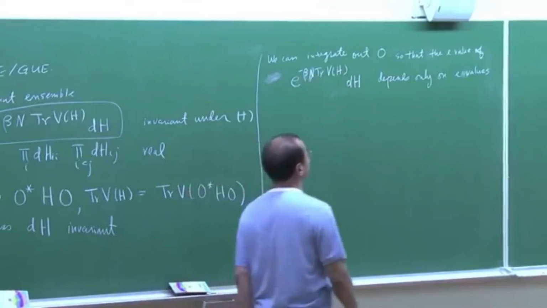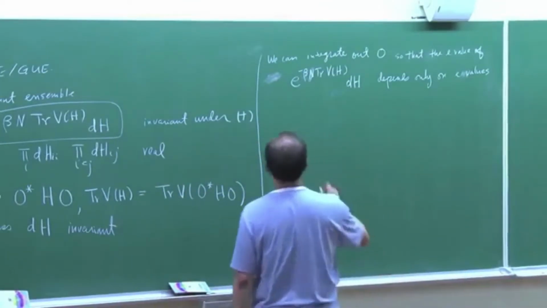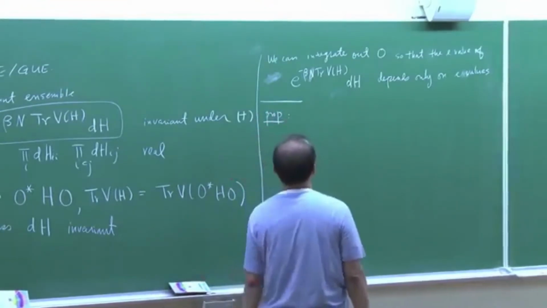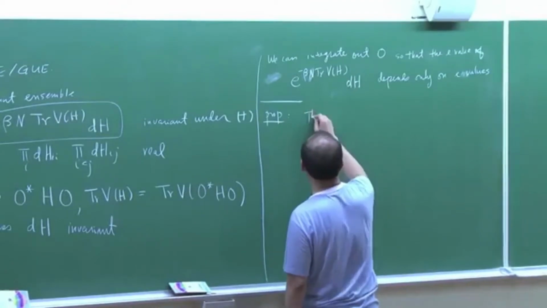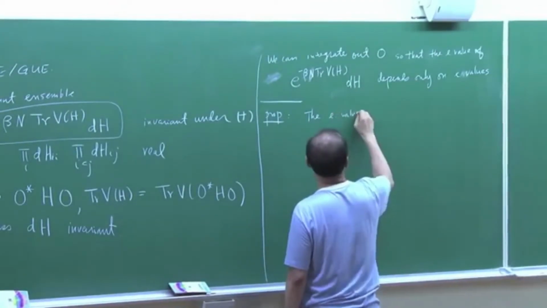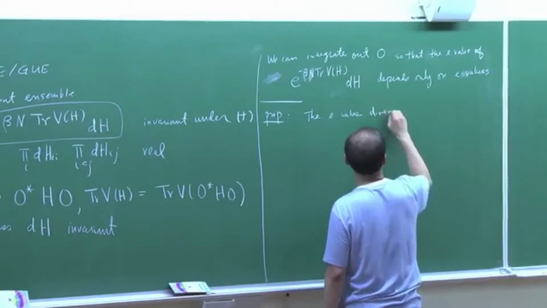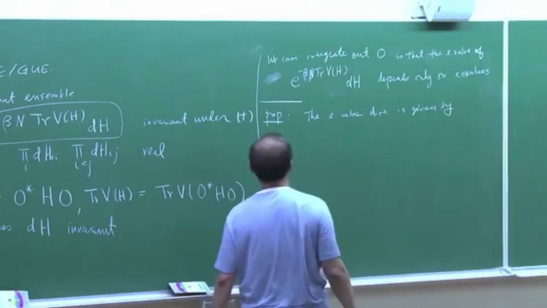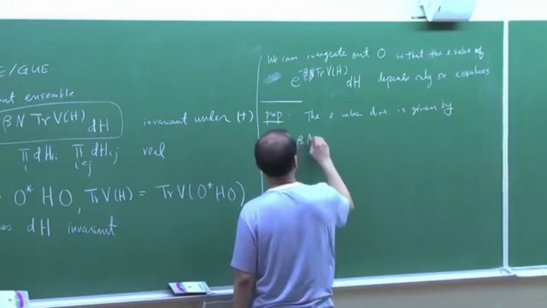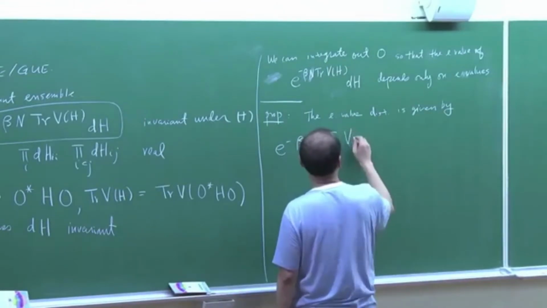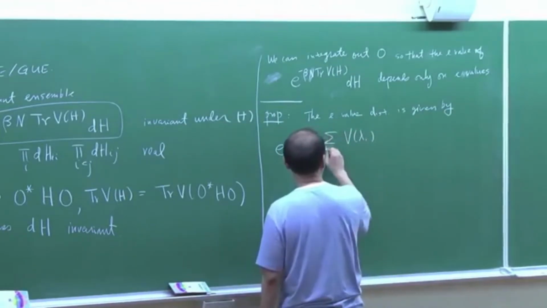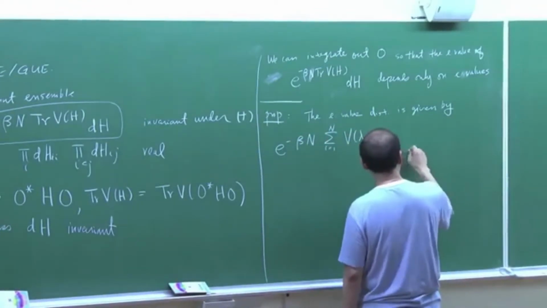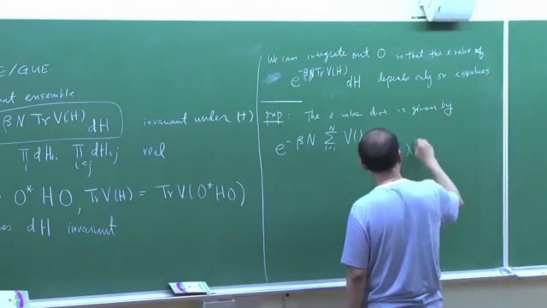And then there's a calculation. There's a proposition that says the eigenvalue distribution is given by e to the minus beta n summation V of lambda i, i from 1 to n, times the product of lambda j minus lambda i to the beta.